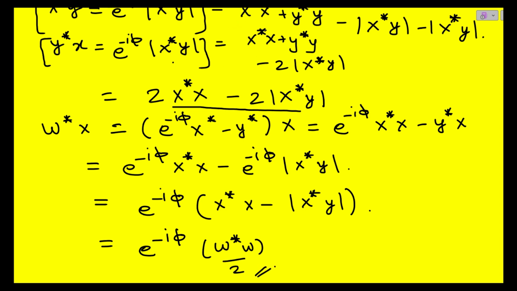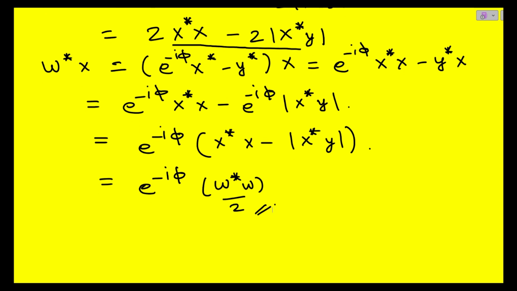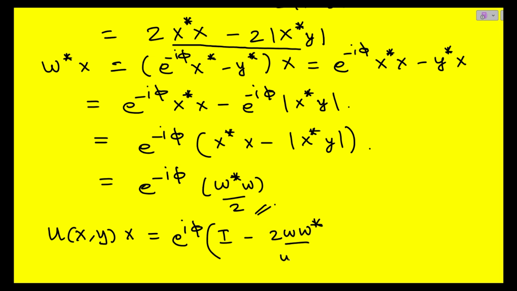Okay, so this is a lot of algebra, but now you will see everything comes together and it gives you the result. So what you do is U x y, when you apply on x, this is nothing but, so the U is e to the power i phi times the identity minus 2 times w w star divided by w star w, and you apply on x.